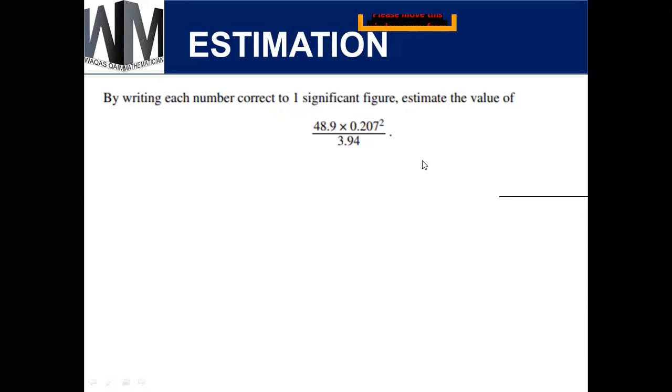Now when we write every number to one significant figure, 48.9 will be written as 50. Any confusion with this one?